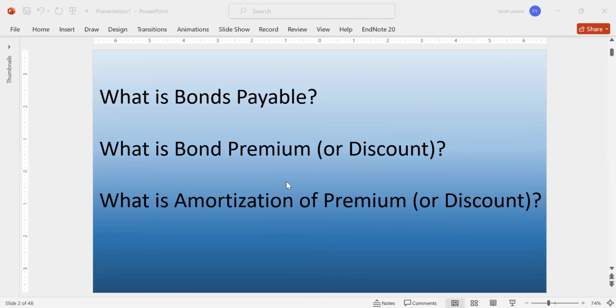The premium decreases the interest expense.